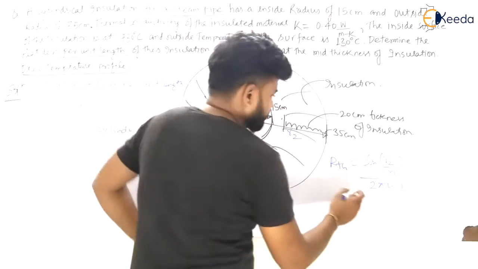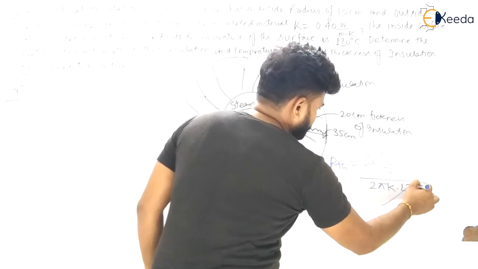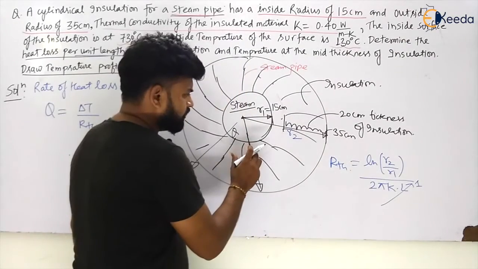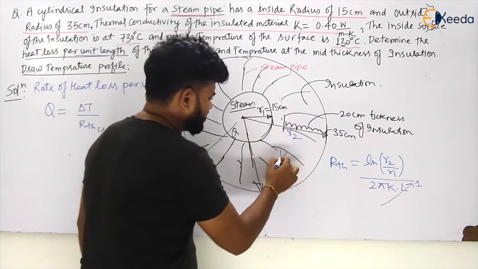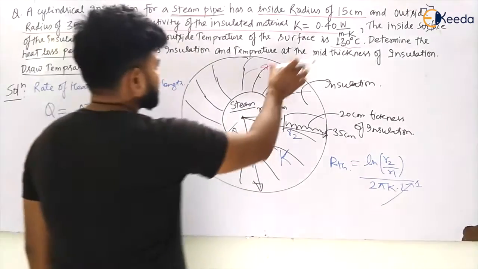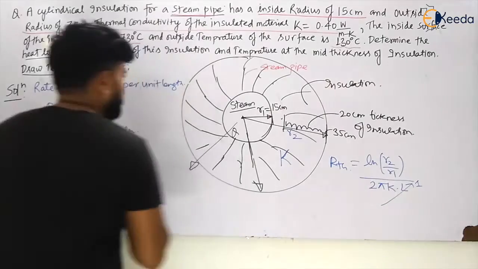But we are taking per unit length, so this value of L will become unity. What is the conductivity? I think he has given the conductivity. The conductivity of that material is 0.4 watt per meter Kelvin.